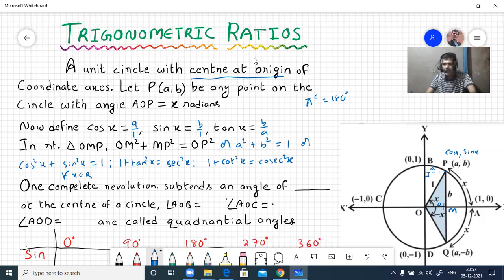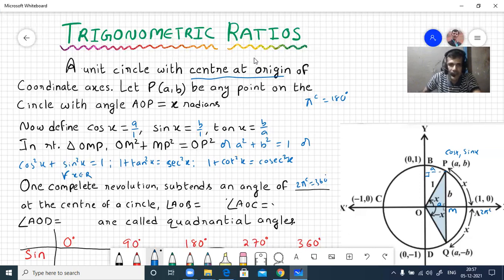Okay. See, if you complete one revolution, it subtends an angle 2 pi radians or 360 degrees. See, here it is 360 degrees. It will again come into first quadrant, same position. It will come 2 pi radians. Okay. See, at the center of the circle, now AOB we can describe.